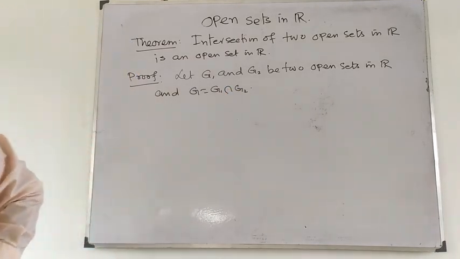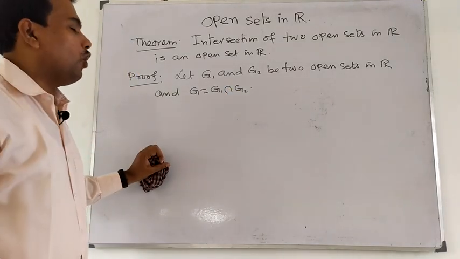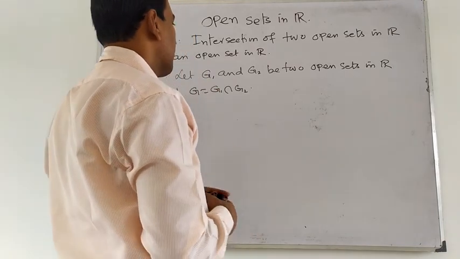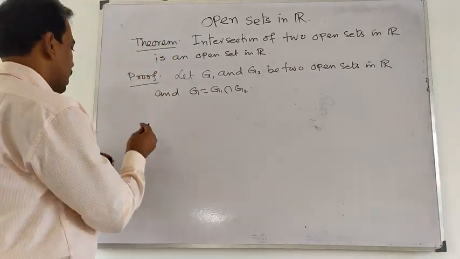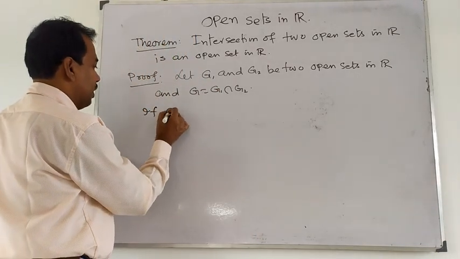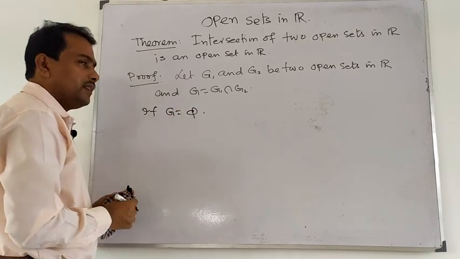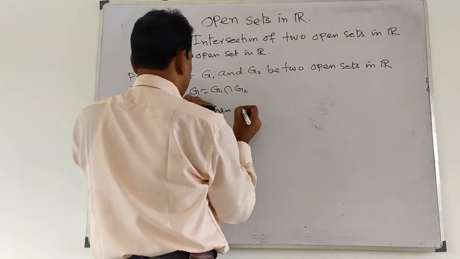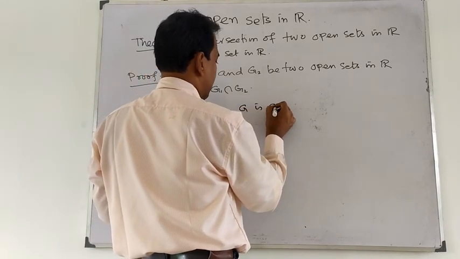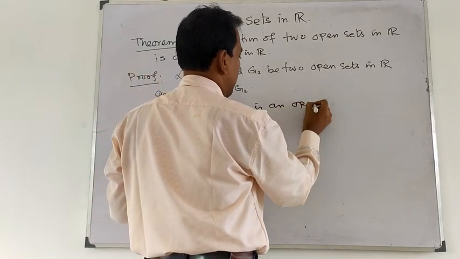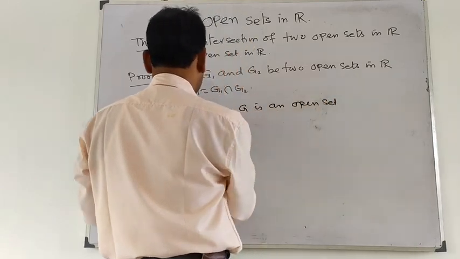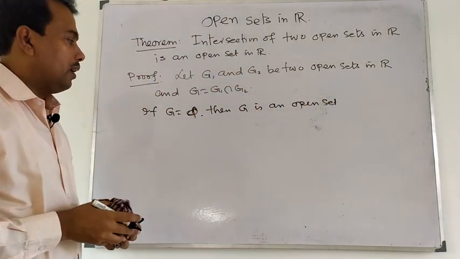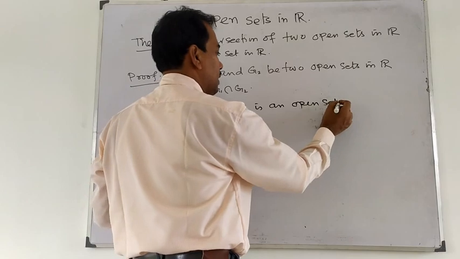We now show that G is an open set. If G is equal to the empty set, then G is an open set. We know the empty set is an open set.